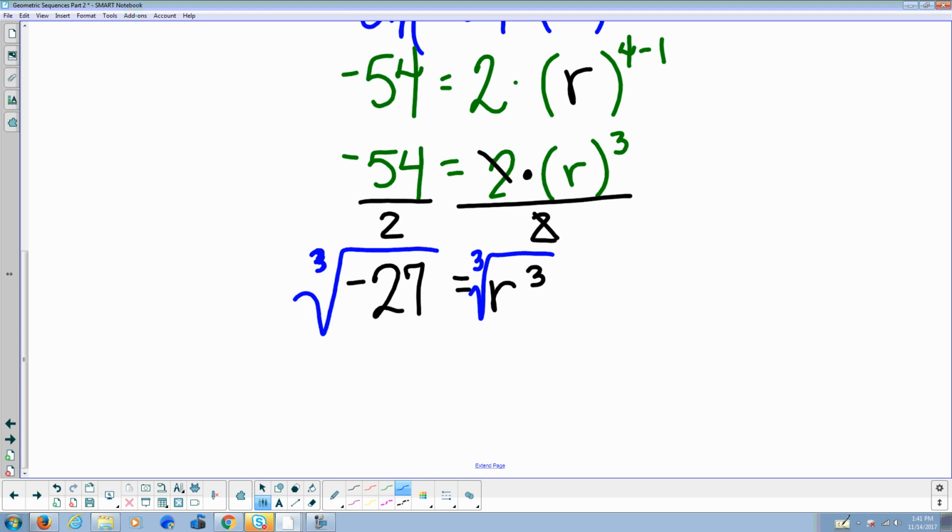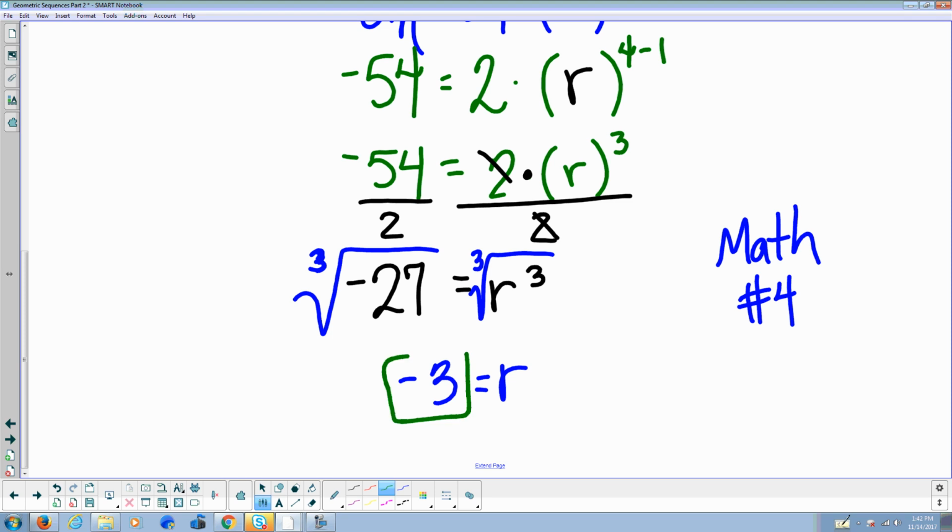On your calculator, if you will push math and then look at the list, the fourth choice says cube root. Then I'm going to type in negative 27. So I find that the cube root of negative 27 is negative 3, meaning that R, we knew it was some negative number, R is negative 3.